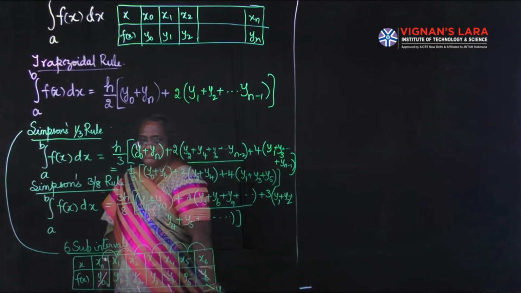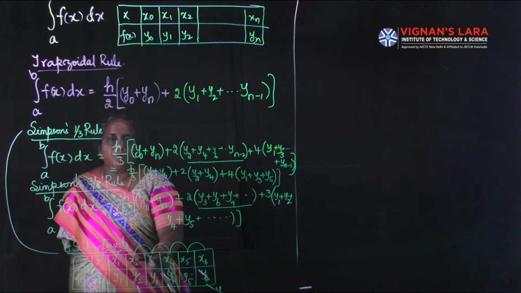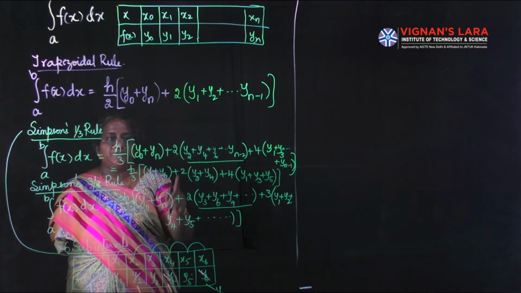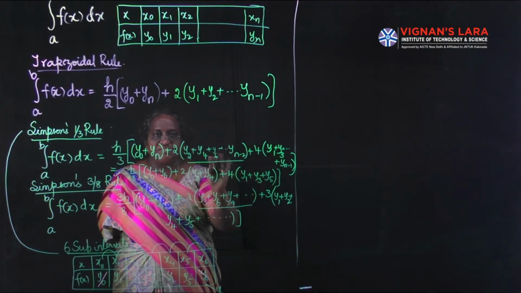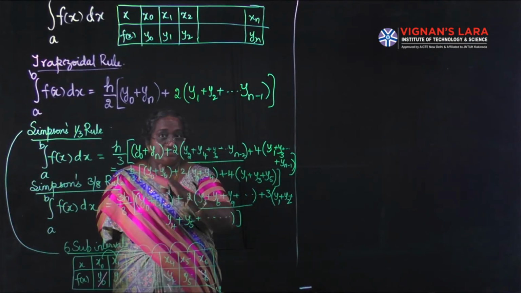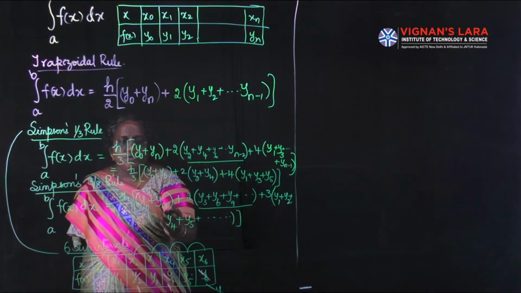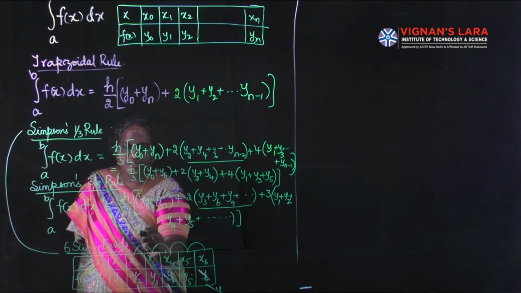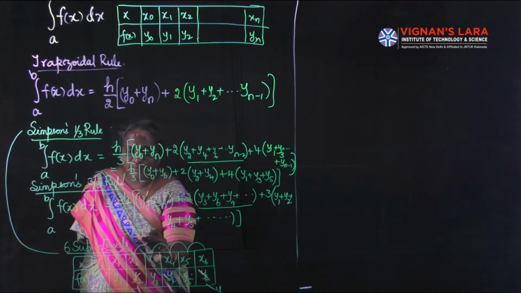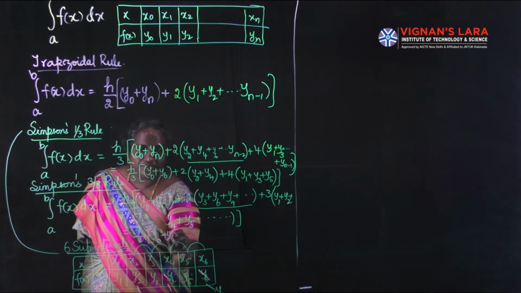Now coming to Simpson's 3/8 rule. Because the number of subintervals is 6, it suits the trapezoidal rule, Simpson's 1/3 rule and Simpson's 3/8 rule. It is applicable for all. So for Simpson's 3/8 rule, our yn is y6. The formula is 3h by 8, no change in this. Our y naught is y naught, and yn is y6.